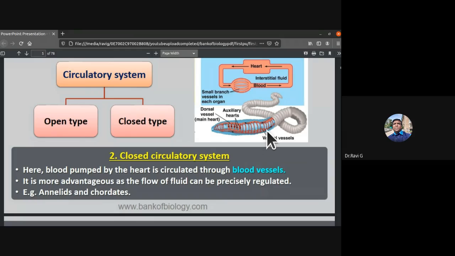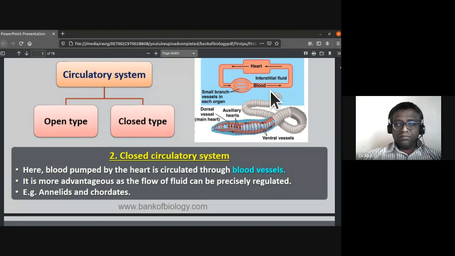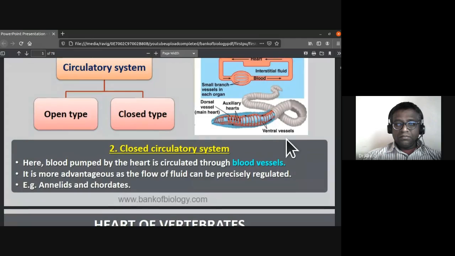Annelids and chordates exhibit a closed circulatory system, which is advantageous as they can precisely regulate the flow of fluids, that is blood and lymph.